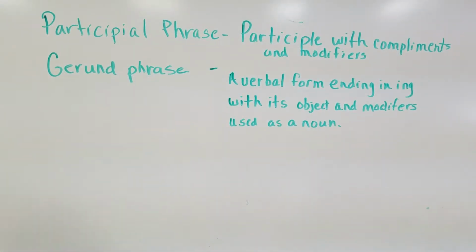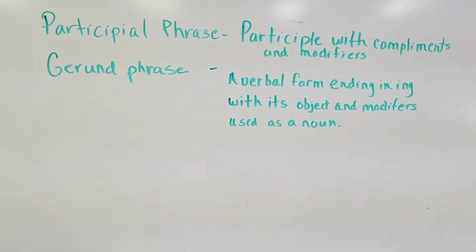It just has more to it than just a single participle. For example, I could say the jumping frog. The word jumping is a participle all by itself, but it's not a phrase. But if I said jumping up and down, the frog won the race, that is a participial phrase because I have other words that are going with jumping there.